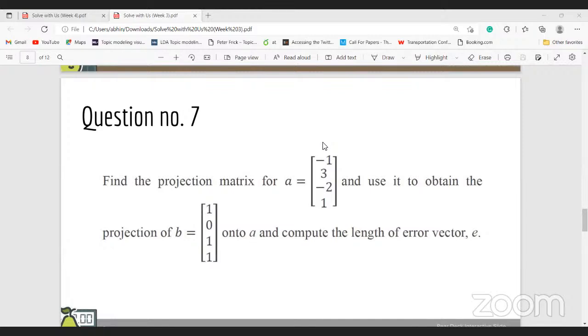That will be a 4x1 matrix. Third step is to find B minus PB, which will give you again a 4x1 matrix, the error vector. Next step is to find the length of this vector. Okay. Any other doubt? Anyone? Well, I'll randomly pick people and make them speak.